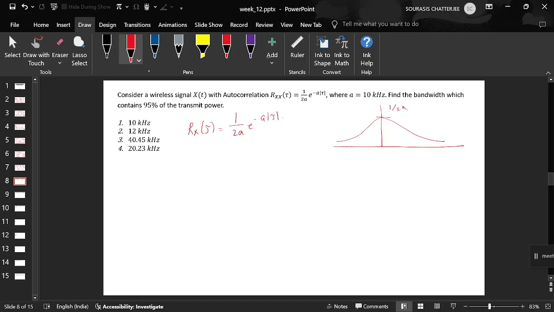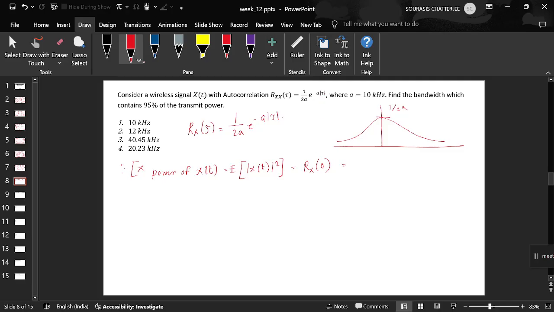So for that, we know that when we are given the autocorrelation function expression, it is very easy to find the power of the wireless signal, right? So if I am to find the power of xt, which is nothing but the expected value of absolute xt squared, and that is nothing but the autocorrelation function evaluated at the 0th time shift.